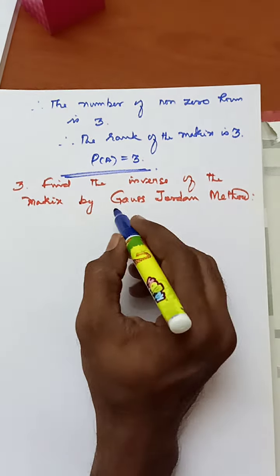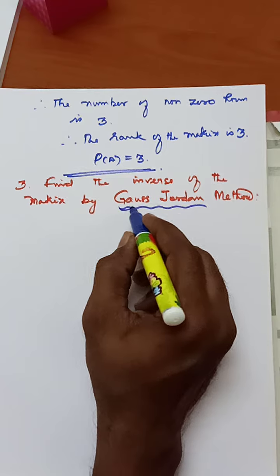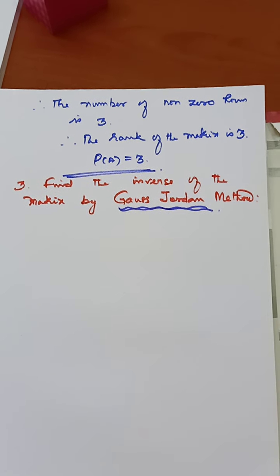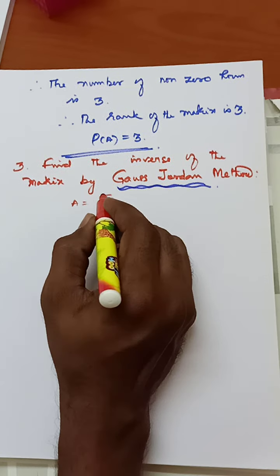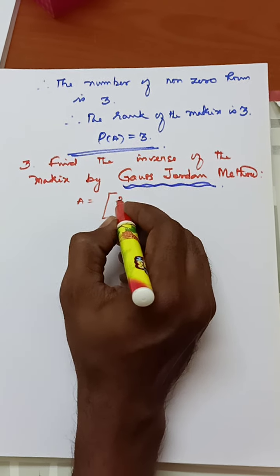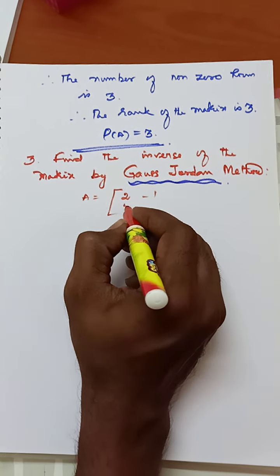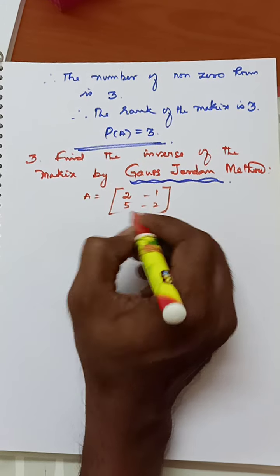So what is your Gauss-Jordan method? It is one of the simple methods. Your question is given by 2, minus 1, 5, minus 2.